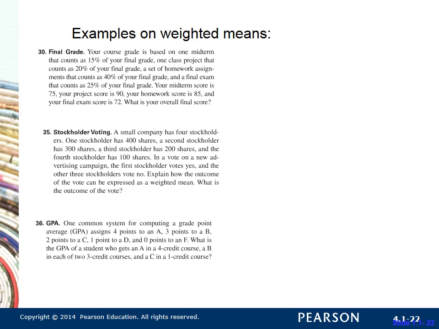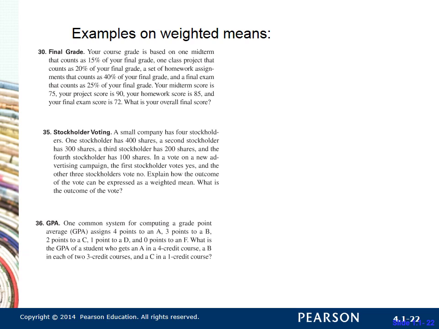So that's how you could express that as a weighted mean: 1 times 400 for the first, and then 1 times 300 plus 1 times 200 plus 1 times 100, and you end up with your vote being a no. So sorry, majority guy didn't get his way.